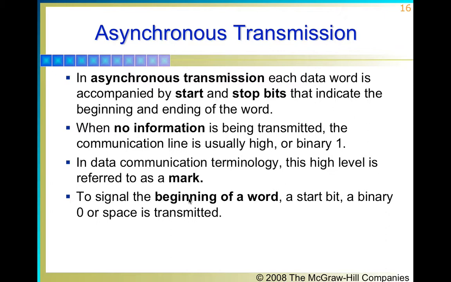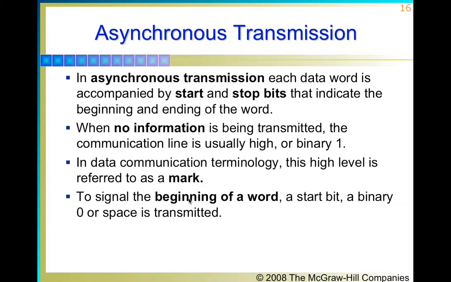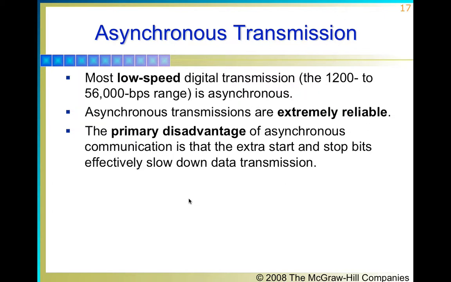When no information is transmitted, a binary 1 bit is communicated, which is referred to as mark, and when we have to send a start bit, we send the 0 bit, which can also be called space. So in asynchronous transmission, whenever we are sending any information, we are sending start and stop bits with the information.